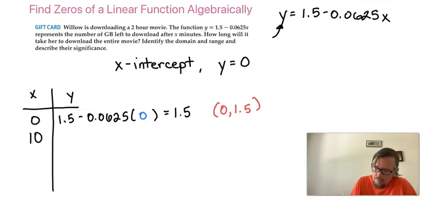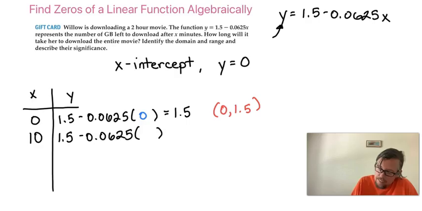So let's try that next. This will be 1.5 minus 0.0625 times 10. The reason this is easy, and I'm going to show my work right underneath it, is that multiplying by 10 just moves the decimal over one spot.